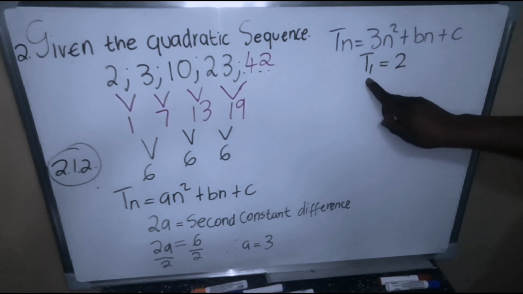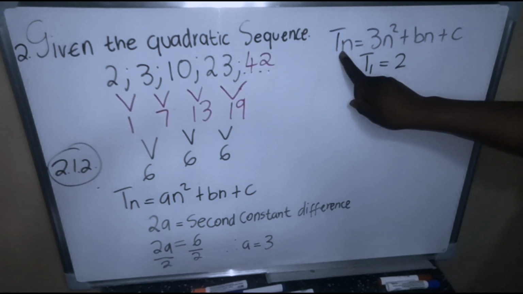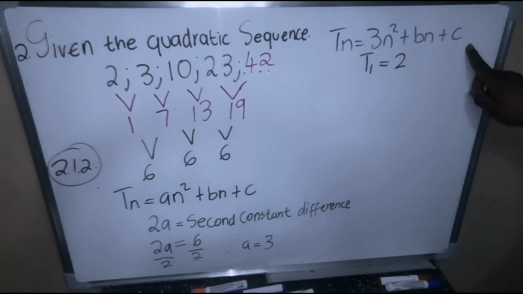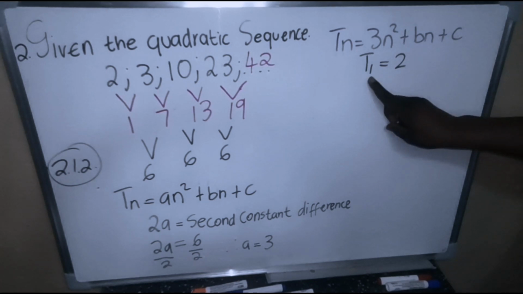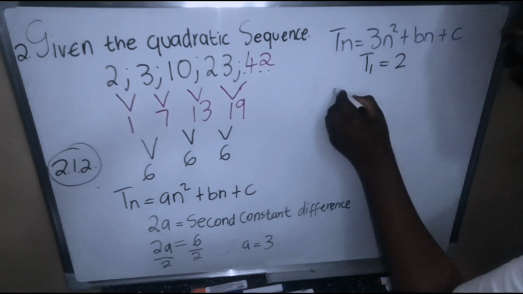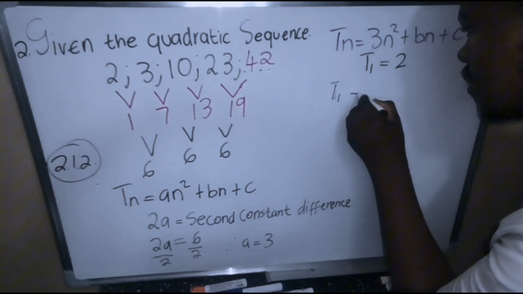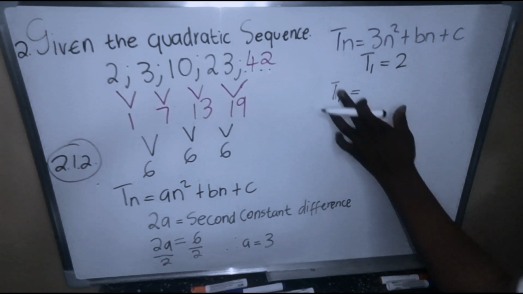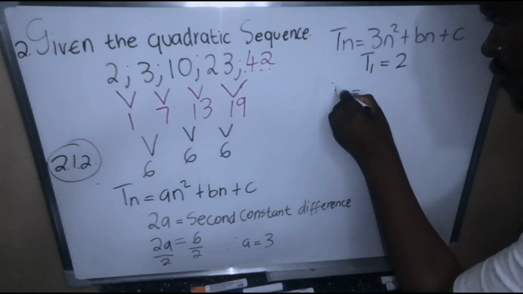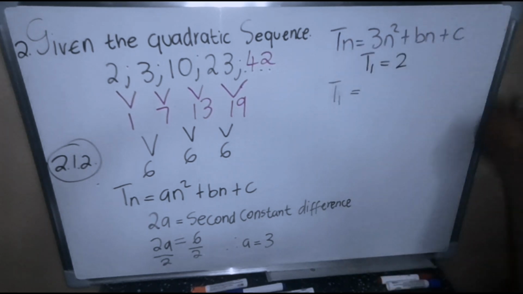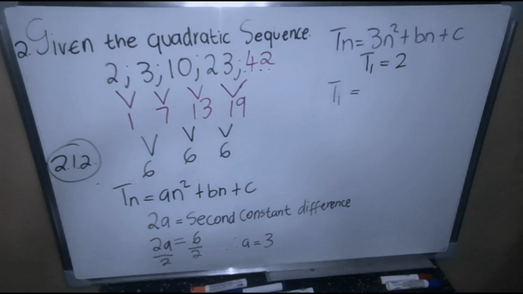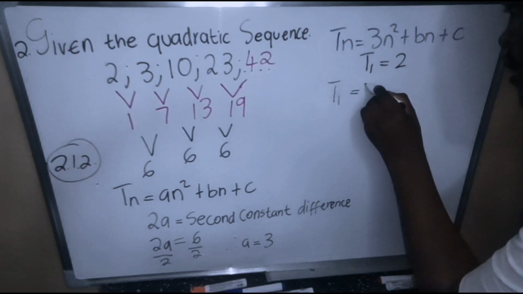Here's our 1, here's our n. From this equation, where I see n, I put in 1, for term number 1.